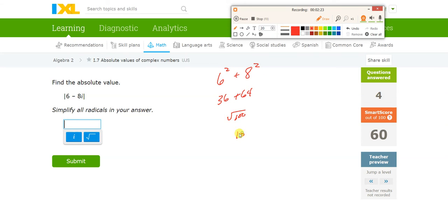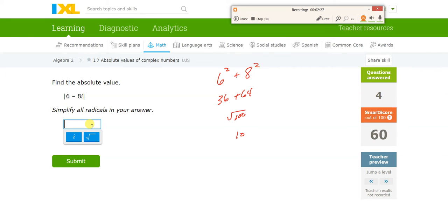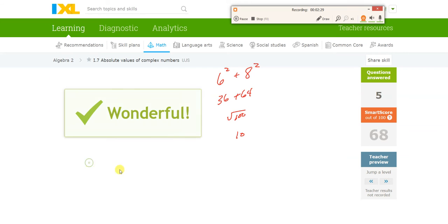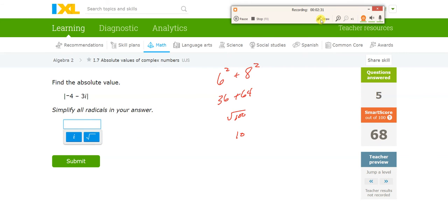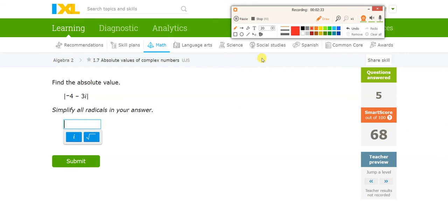Square root of 100 is 10. Four squared plus 3 squared, that's 16 plus 9, that's 25. Square root of that is 5.